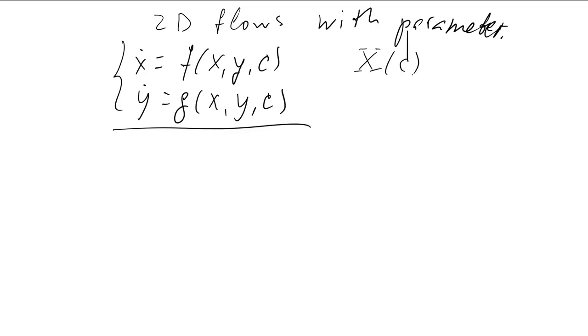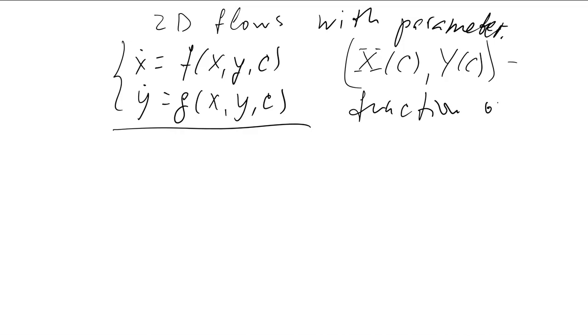parameter c. So this is a function of c. This means that both location and stability of equilibria depend on parameter c.